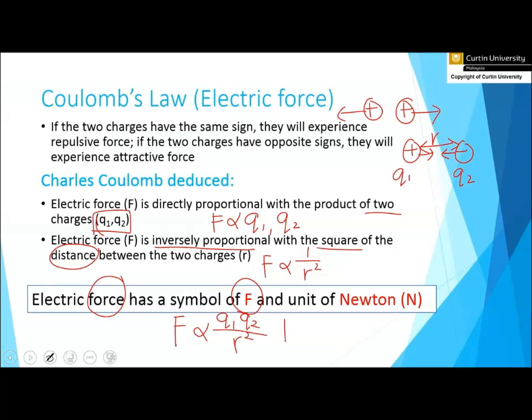So if you want to put an equal sign in between, F is equal to a constant times Q1 Q2 divided by R squared.